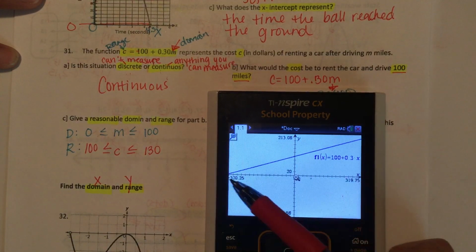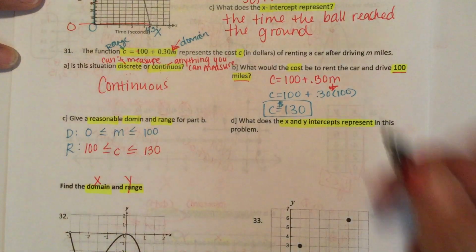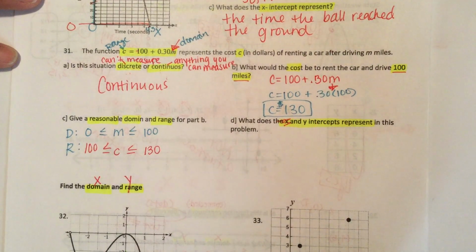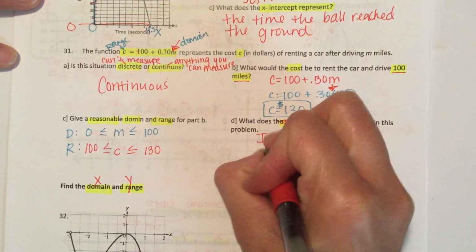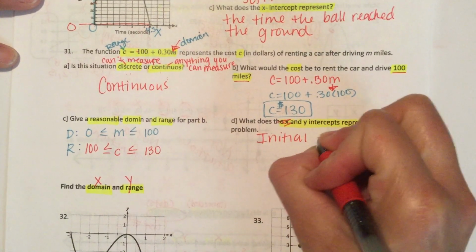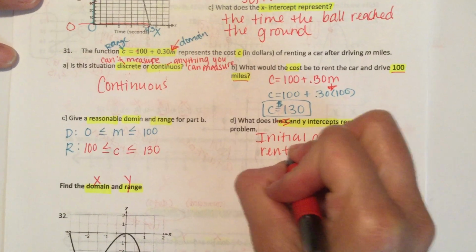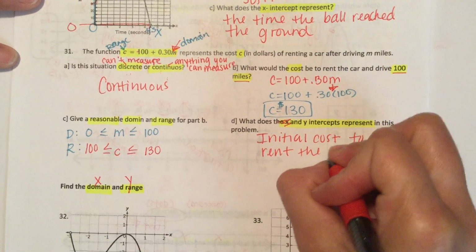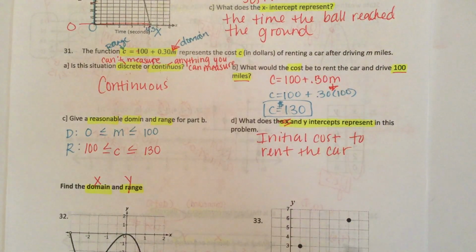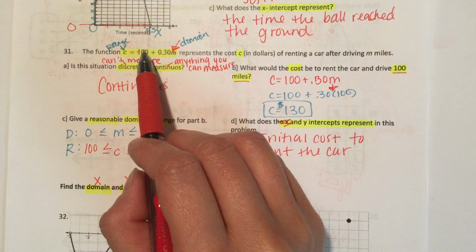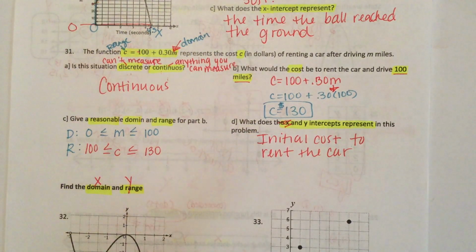It goes on and on. You can't really describe the x-intercept because it's negative, so we're going to cross that question out. The y-intercept is your initial cost to rent the car. So no matter what, you have to pay $100 if you don't drive anything.